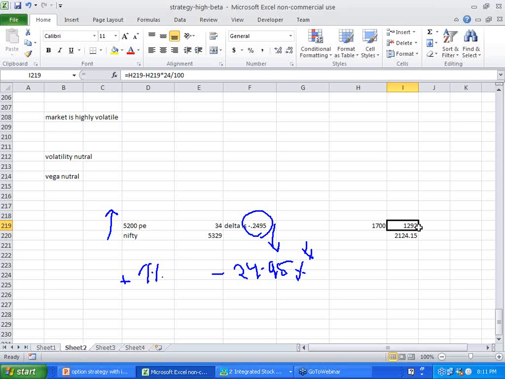But I don't want this much high fluctuation of 24% decay and 24% gain. I need that if Nifty goes up by 1%, I gain 1% in the option. Similarly, if it comes down 1%, I lose only 1%. I don't want to lose 24 and get 24.